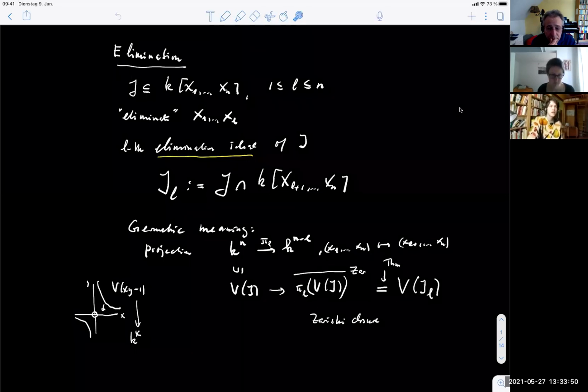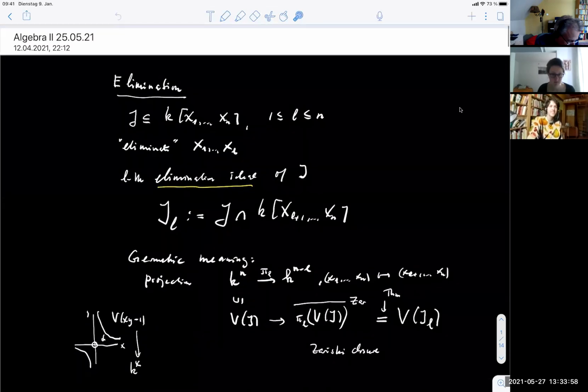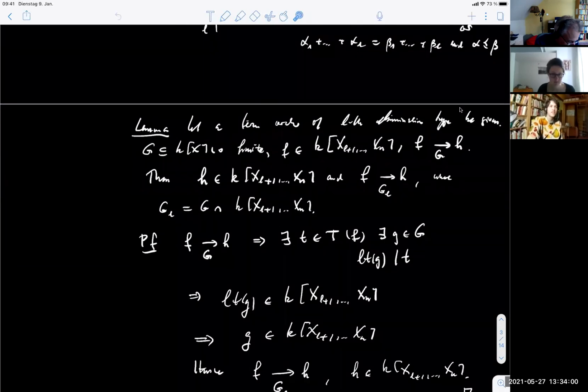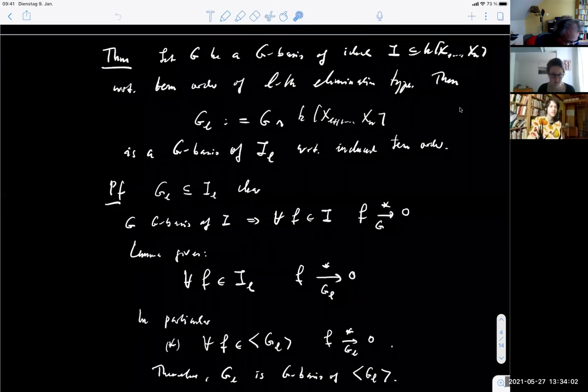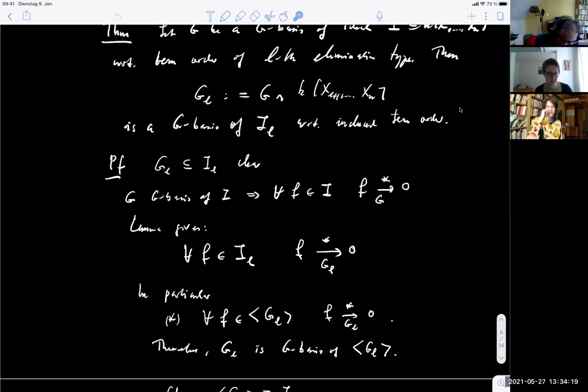If you go to page 4, there we had this theorem that we can choose the polynomials that only depend on the last variables in order to get the values.